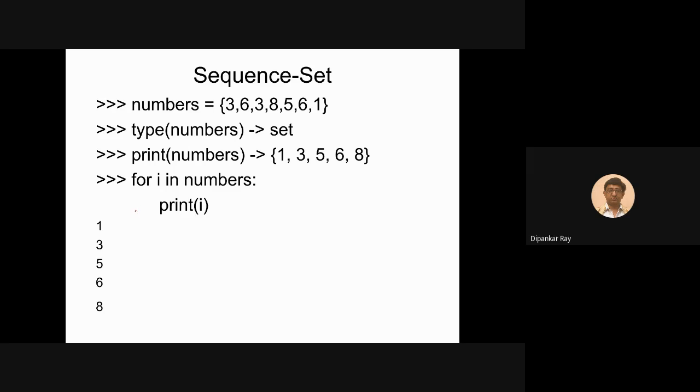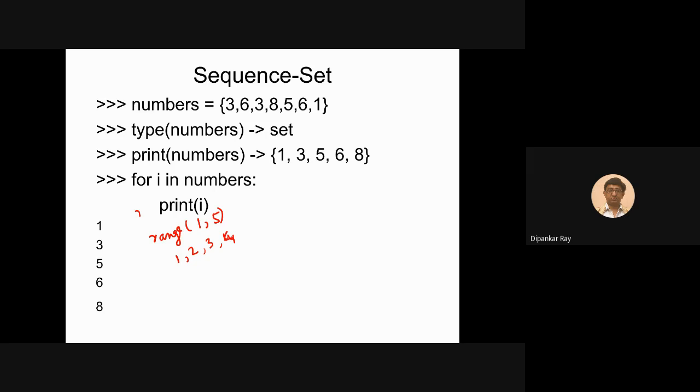So if I write range 1, comma 5, that means 1, 2, 3, 4.